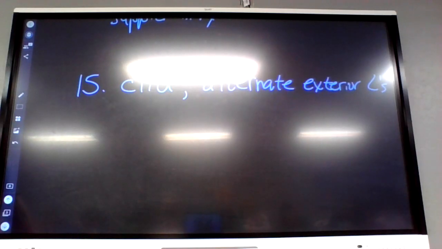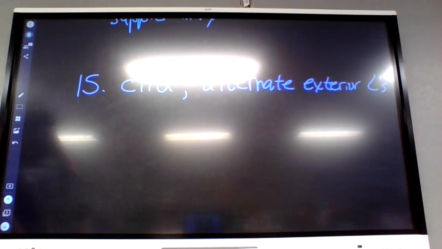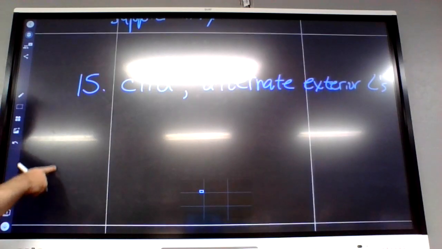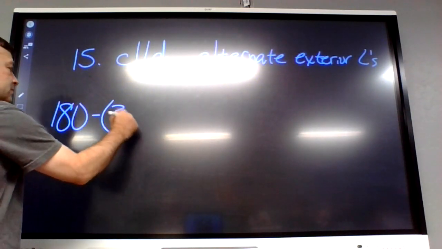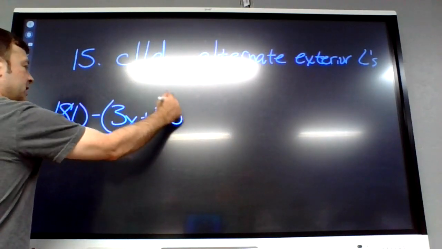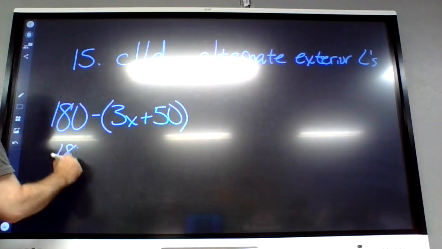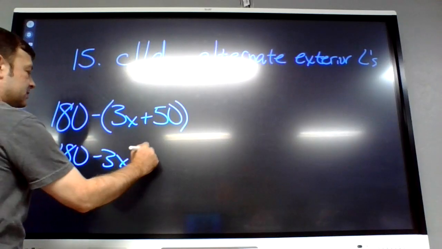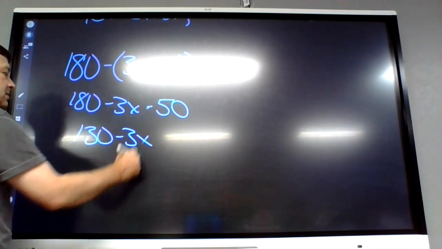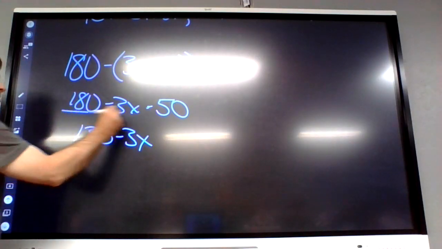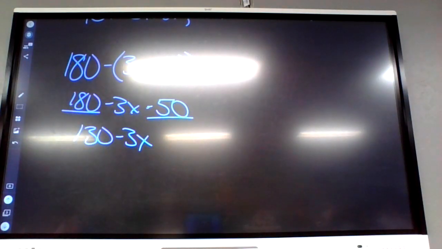All right, on 16, looks like a bit of a trick question. What do 3x plus 50 and 130 minus 3x have in common? Well, you might think that, but if you did 180 minus 3x plus 50, you get that, which is the other thing.